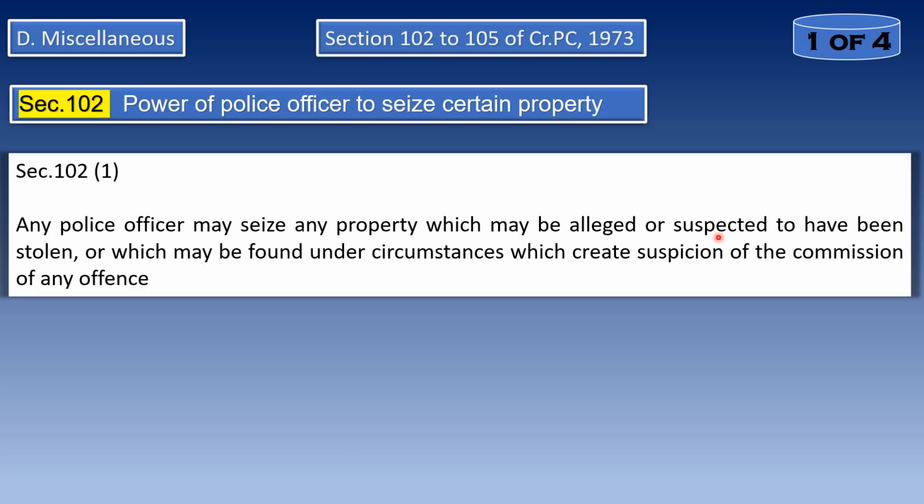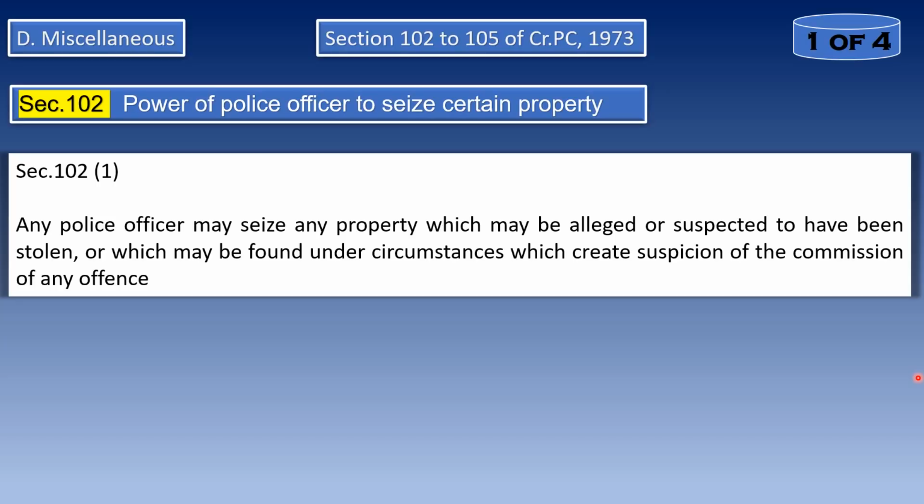For what? To have suspected that a property might have been stolen or might have been found under such circumstances which has created suspicion in the mind that the commission of an offense has been committed. Got it? I think you got it.